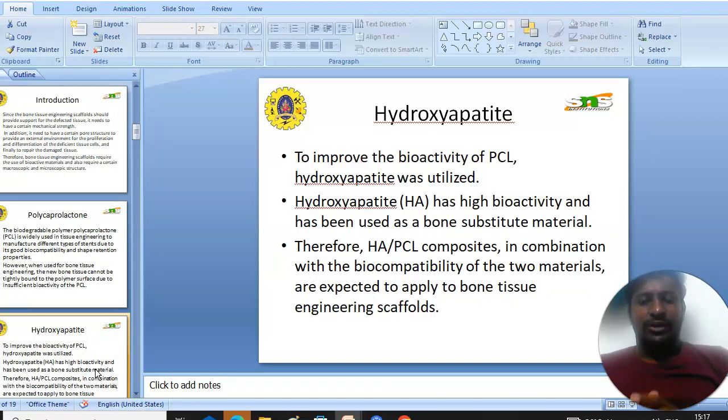In order to improve the bioactivity of the PCL, hydroxyapatite was utilized. Hydroxyapatite has high bioactivity and has been used as a bone substitute material. Hence, the HA-PCL composite combines the two biocompatible materials and is applied to bone tissue engineering scaffolds.